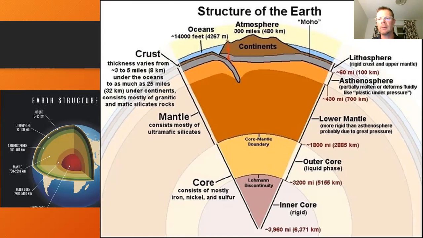The lower mantle, more rigid because of the pressure, and then the outer sphere and the inner sphere. Notice that the separation, we're going to come back to this, the separation between the outer core and the inner core, we call that the Lehmann discontinuity. Notice that it's right in the center of the pie, right at the tip, the Lehmann discontinuity.